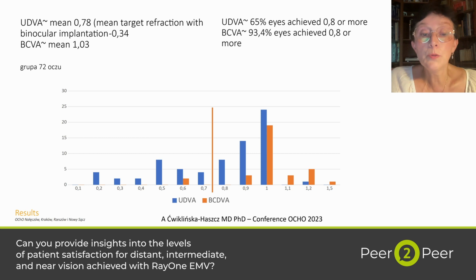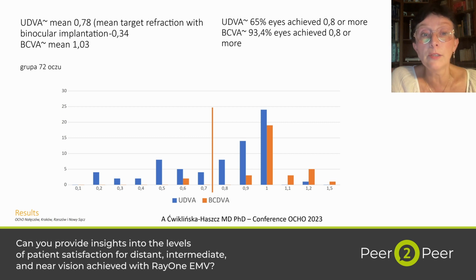So when you see my results, or our group results, for distance uncorrected visual acuity, the mean was almost 0.8, and mean target refraction with binocular implantation was a little minus, less than a half diopter.